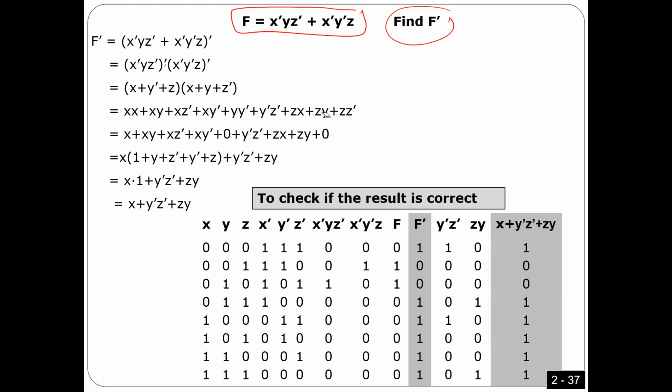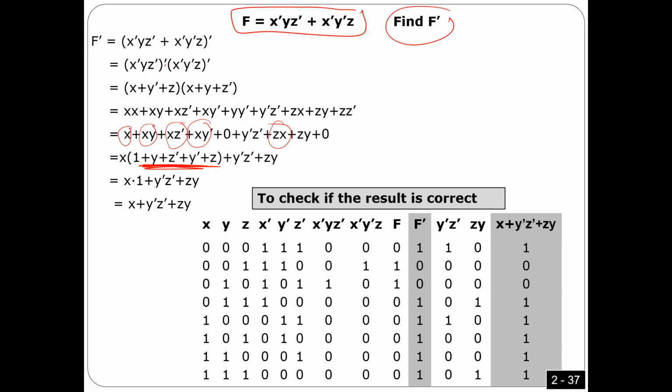Also, I find something interesting here. I find 4, 5 terms that have x in common. So this x is here, here, here, here. I'm going to take x common outside. Very interesting, and 1 OR anything is going to be 1. Pay attention to this.